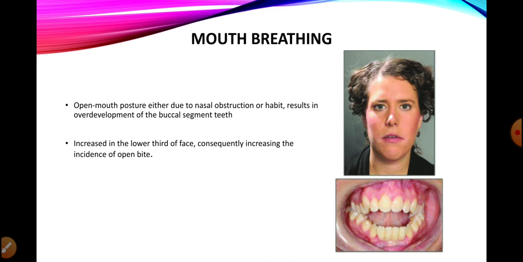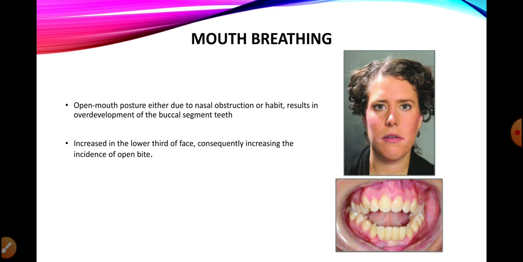In those cases of nasal obstruction, they have to keep their mouth open and breathe through their mouth. This is known as mouth breathing or open mouth posture.